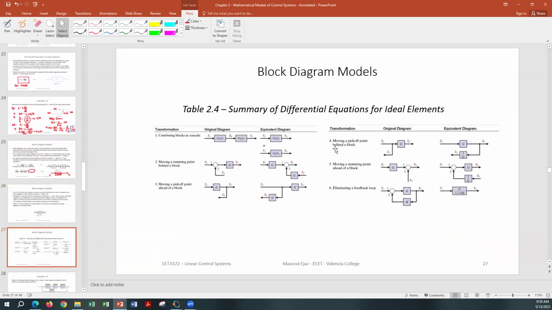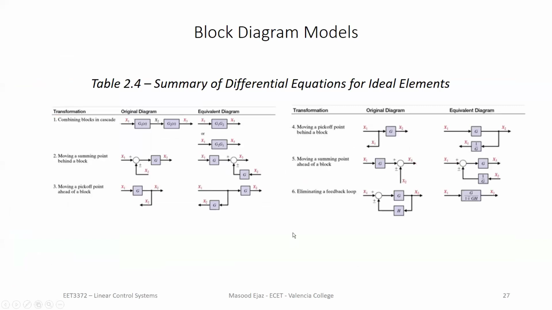Now this slide is small. Let's see if I can make it a little bigger. Anyway, this is from the book. On this slide, in your book, there are 6 different models showing different situations in a block diagram and how you can turn one situation into another that may be helpful when you are simplifying a block diagram.